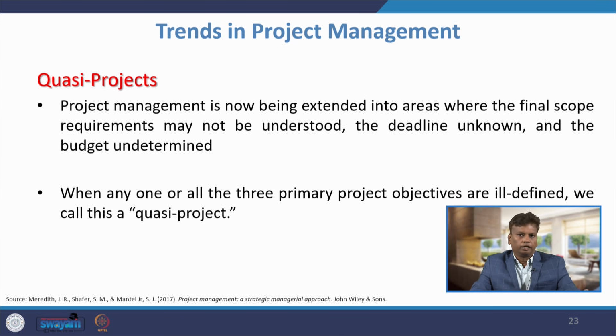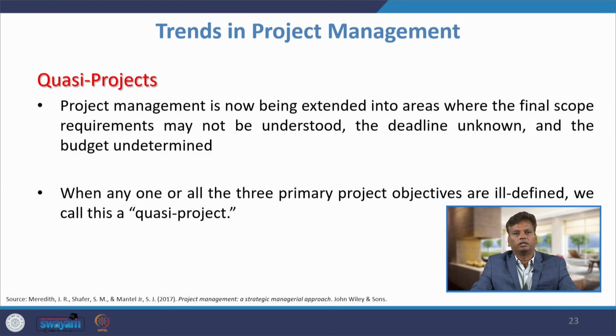The next trend in project management is called quasi-projects. Already I have defined what a quasi-project is. So, project management is now being extended into areas where the final scope requirements may not be understood, the deadline is unknown and the budget is undetermined.